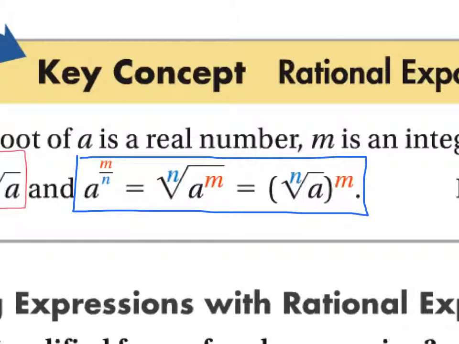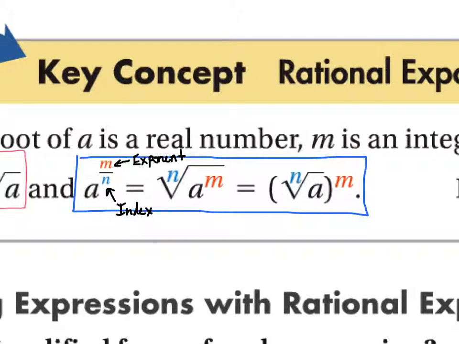So we have a to the m over n power. Please remember that the m is the exponent. The n is the index. Okay? So the denominator of the fraction is always the index for our root.